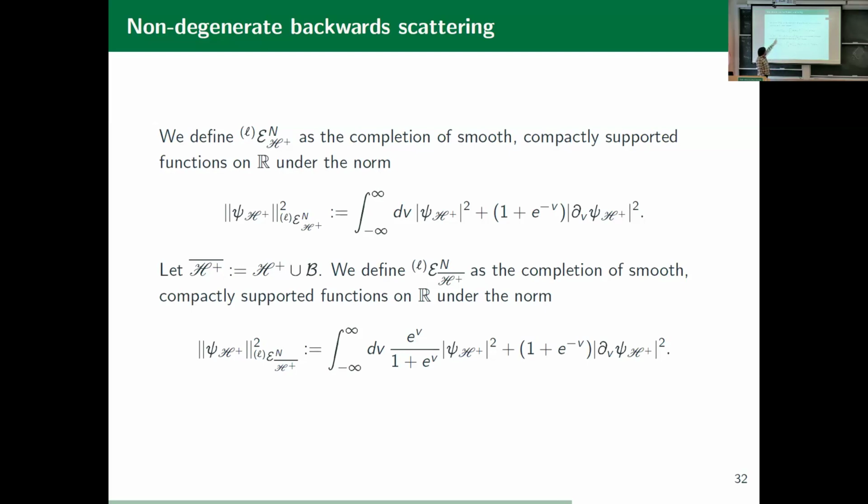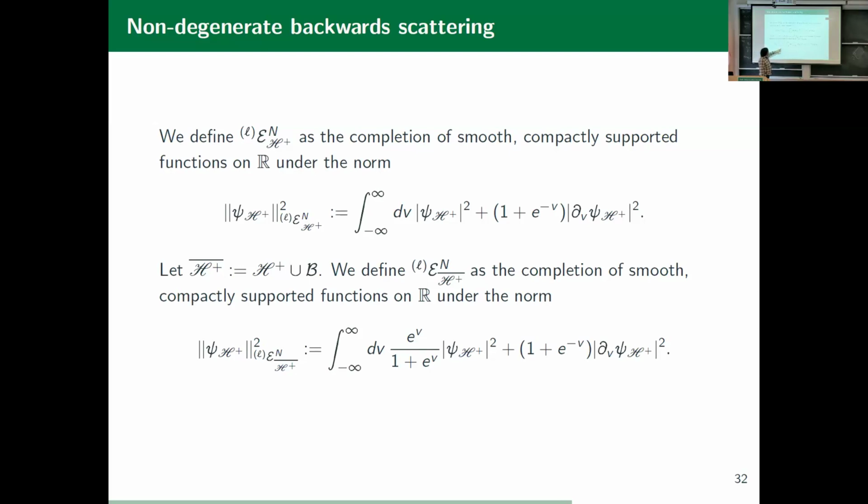The H plus norm is basically the H1 norm on R for V greater than some finite V. And then for negative V, say near the bifurcation sphere, we just encode the fact that the derivative is regular. That's the definition. And then there's a simplification of that: H plus bar is just H plus and the bifurcation sphere.